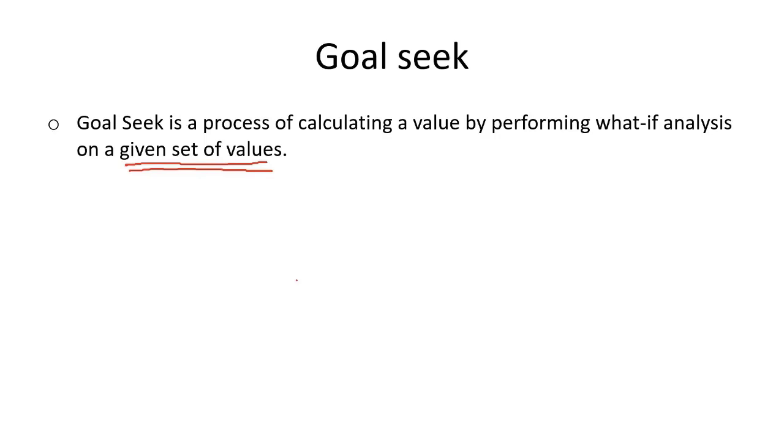So let's use one of the simple examples which we will be using later on in the exercise of financial statement analysis and valuation. So here is a simple example that I will create goal seek on. There is a fundamental equation. What is sales? A sale is basically number of units multiplied by price. So let's say you are buying one mobile phone and the price of that mobile phone, let's say, is 10,000 rupees.